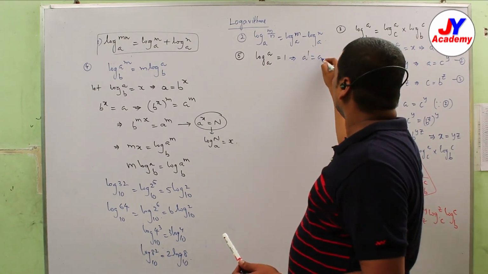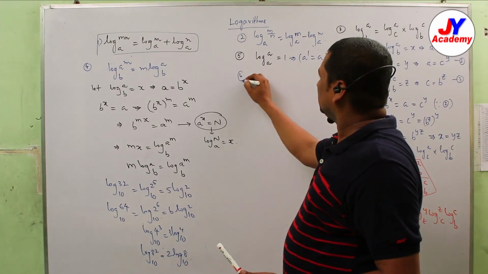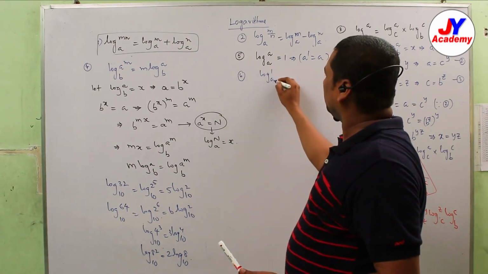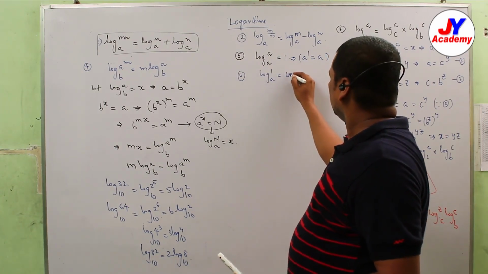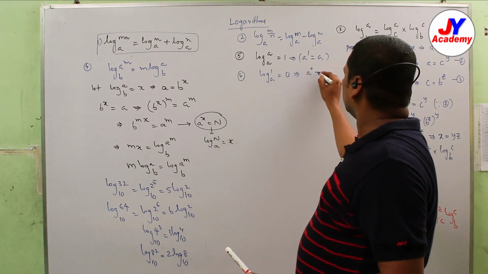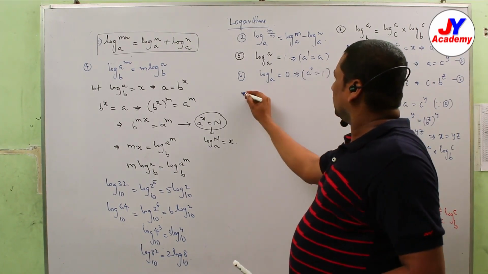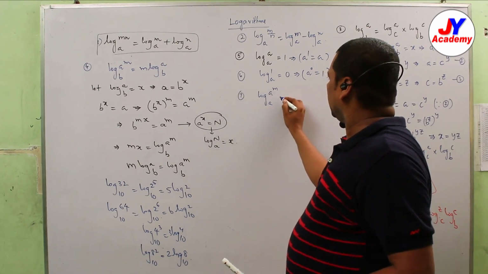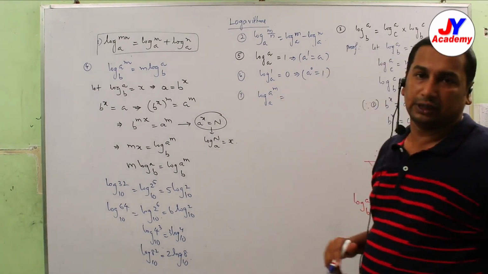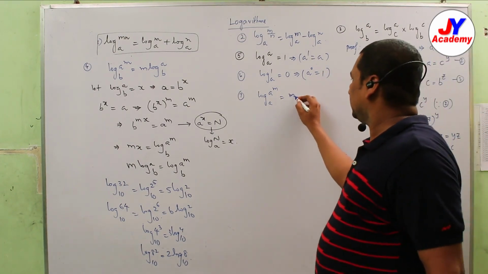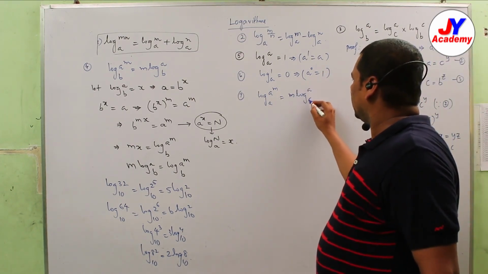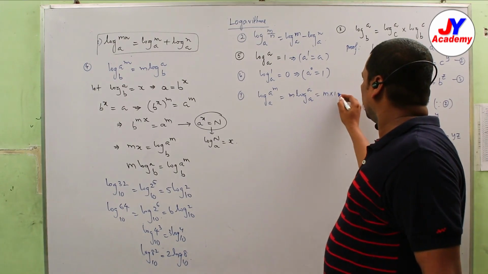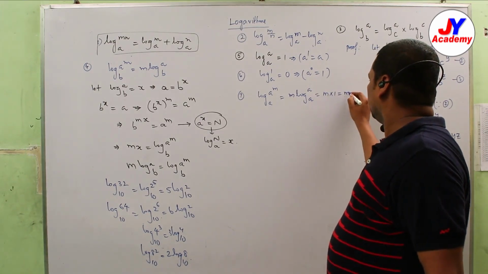A power 1 is equal to a. Sixth result, log 1 base a is equal to 0. So a power 0 is equal to 1. And seventh result, log a power m base a is equal to, by using the fourth result, m log a base a, that is equal to m times 1, that is m.